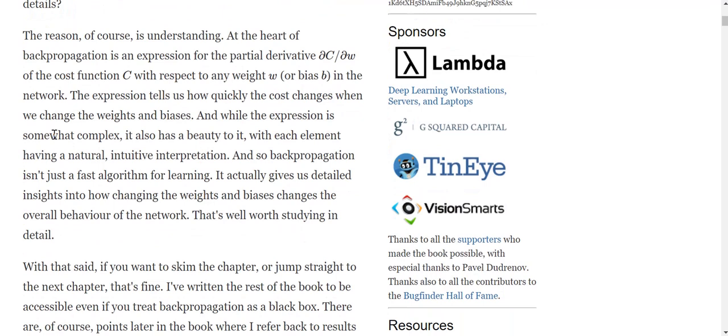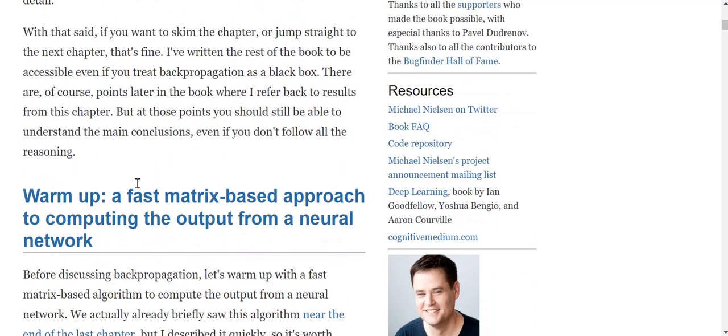And while the expression is somewhat complex, it also has a beauty to it, with each element having a natural intuitive interpretation. And so backpropagation isn't just a fast algorithm for learning, it actually gives us detailed insight into how changing the weights and biases changes the overall behavior of the network. That's well worth studying in detail.